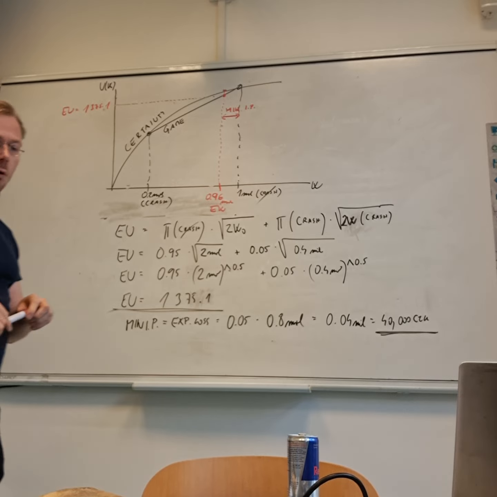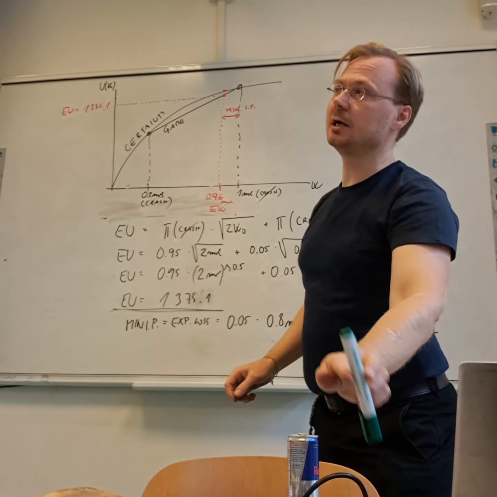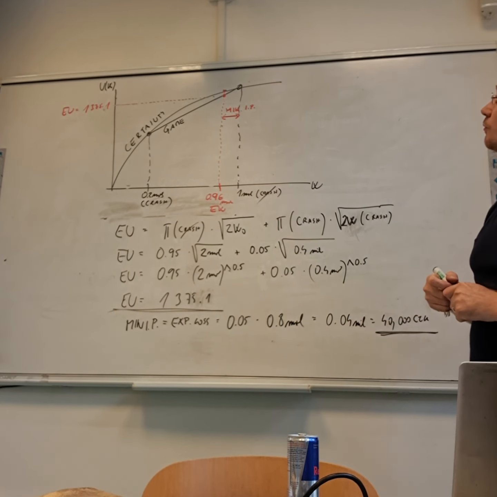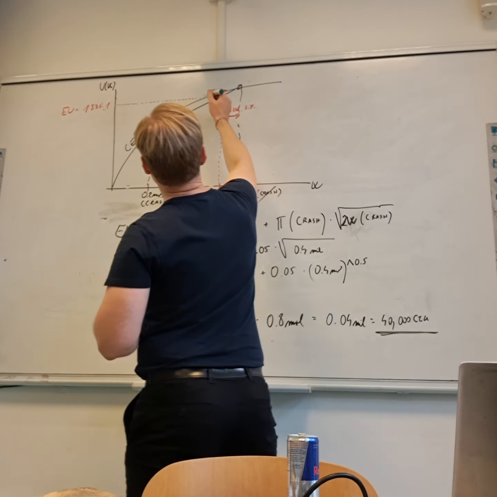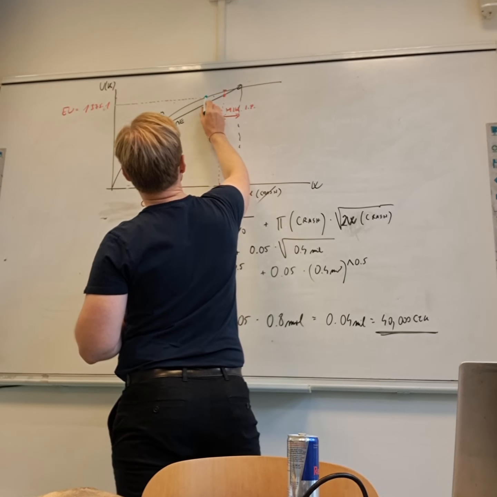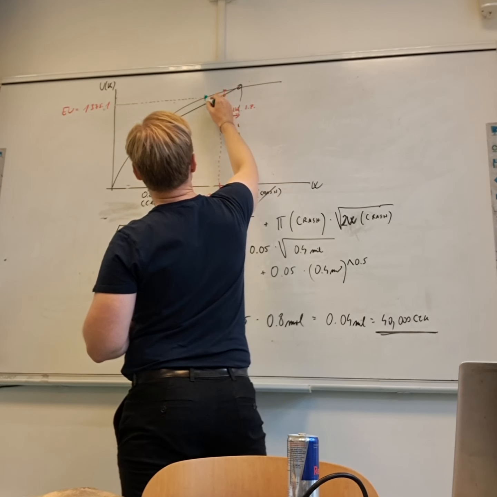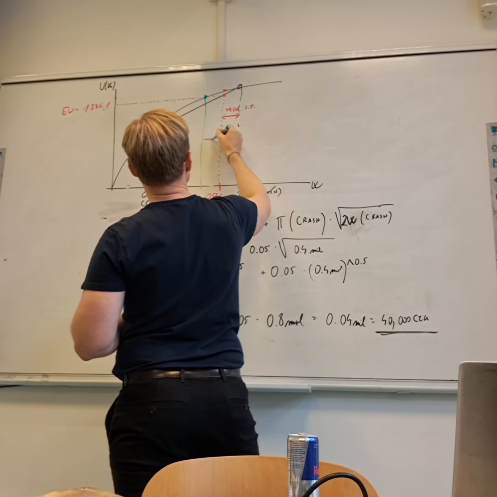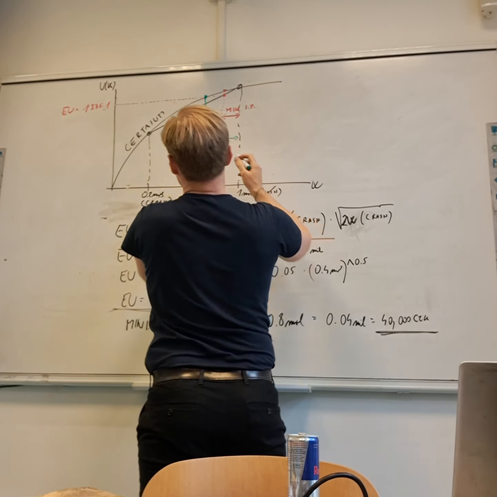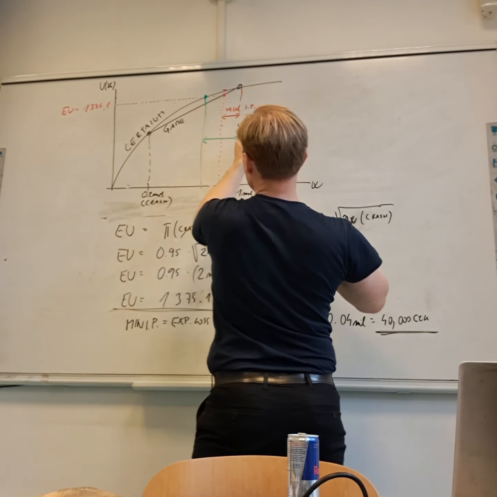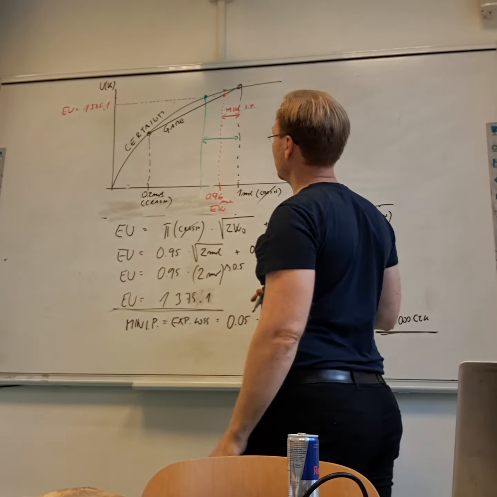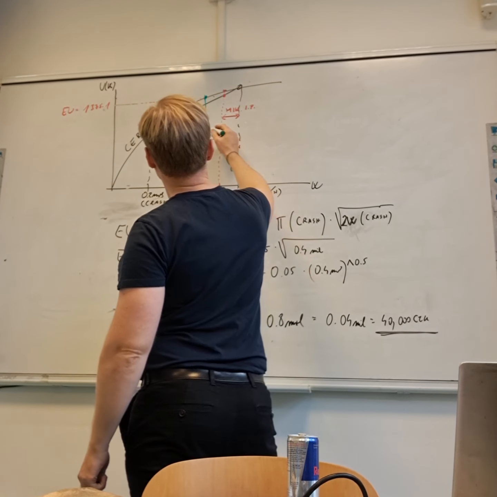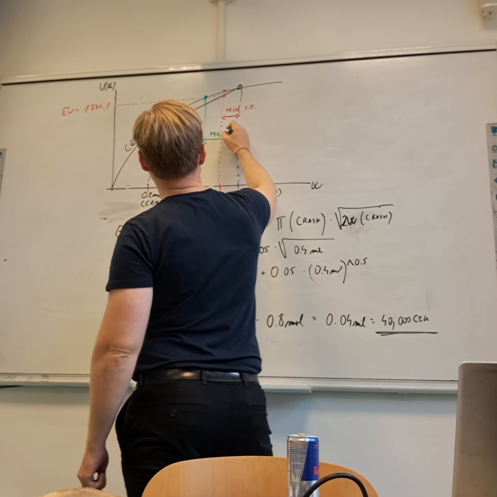And now, what is the maximum insurance payment in the graph? It's the distance between this vertical line and the maximum wealth if there is no car crash. So this will be the maximum insurance.